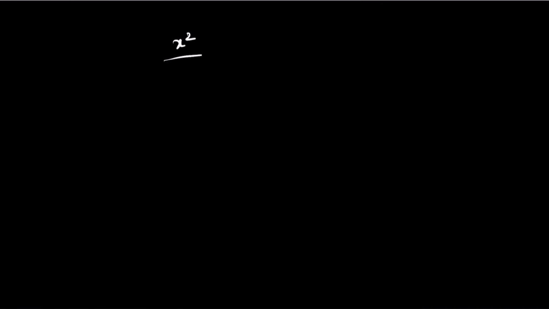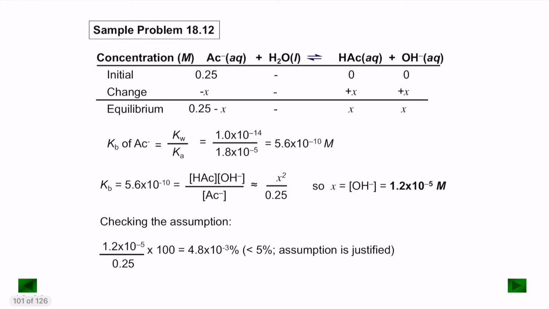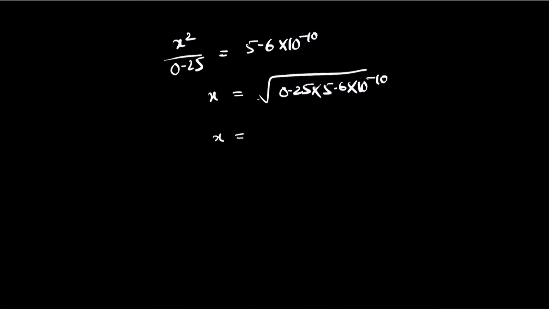So x square by 0.25 equals 5.6 times 10 to the power negative 10. From this we can write x as the square root of 0.25 times 5.6 times 10 to the power negative 10. That x value becomes equal to 1.2 times 10 to the power negative 5 M, which is also equal to the concentration of OH minus.